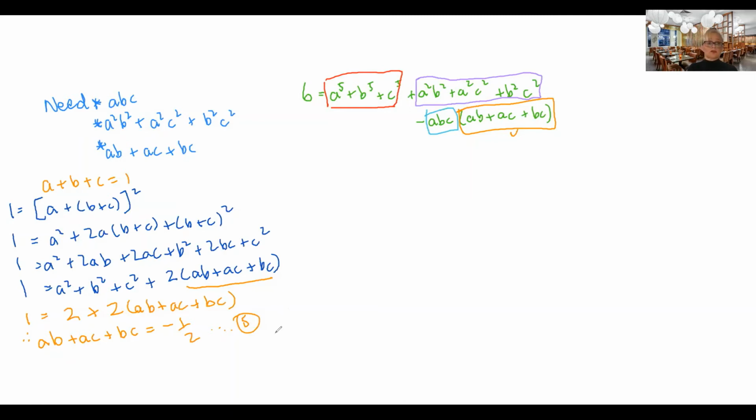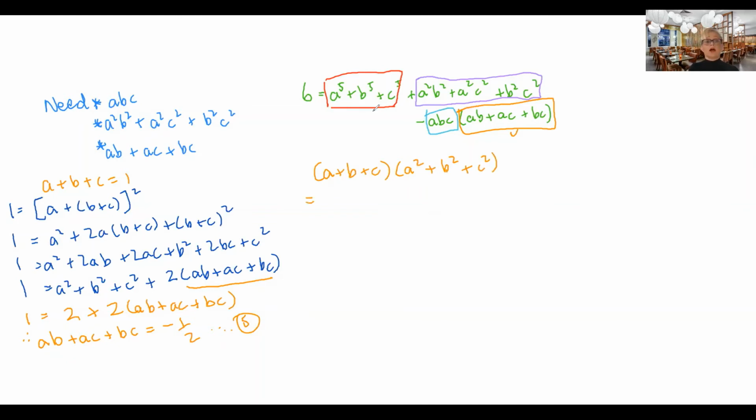Okay, so what else are we going to do? We're hoping to find an ABC and we're hoping to find these squares. How are we going to find an ABC? If I do our A plus B plus C times A squared plus B squared plus C squared, let's see what we're going to get here.